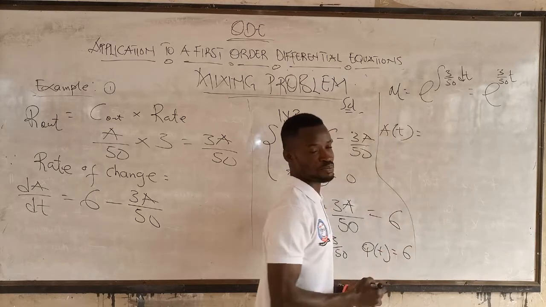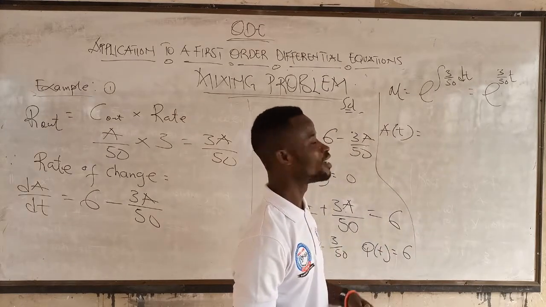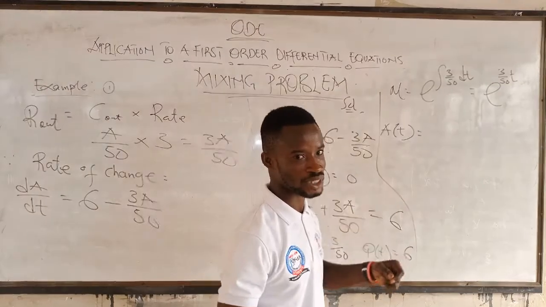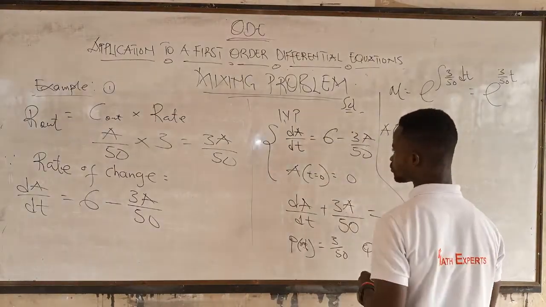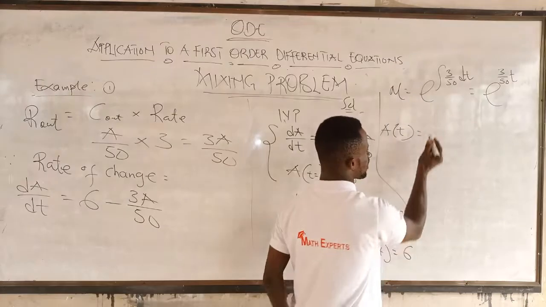So A of t, please, it's not y of x. A of t, that's the amount of substance, is equal to, you know the formula, you know how to write the formula.